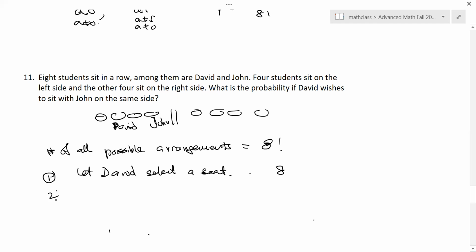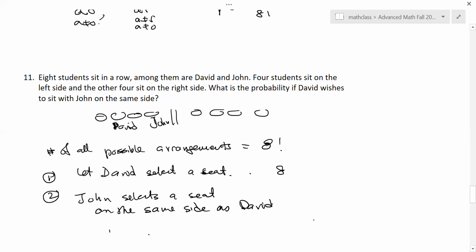Then John selects a seat on the same side as David, otherwise they will sit on different sides. One seat is already occupied by David, so 3 seats left. There are 3 choices.